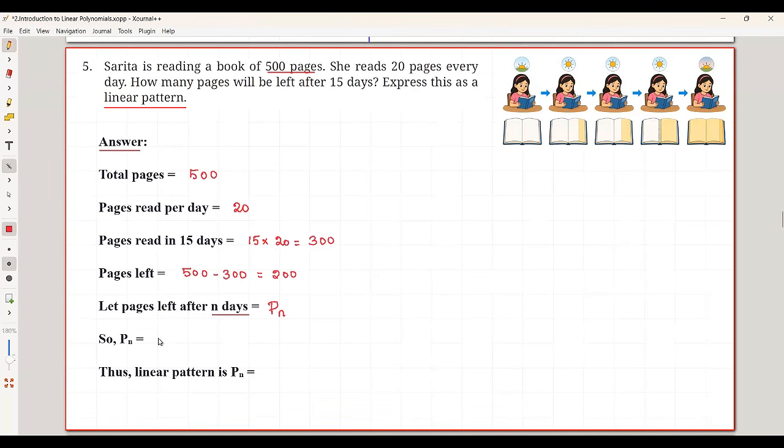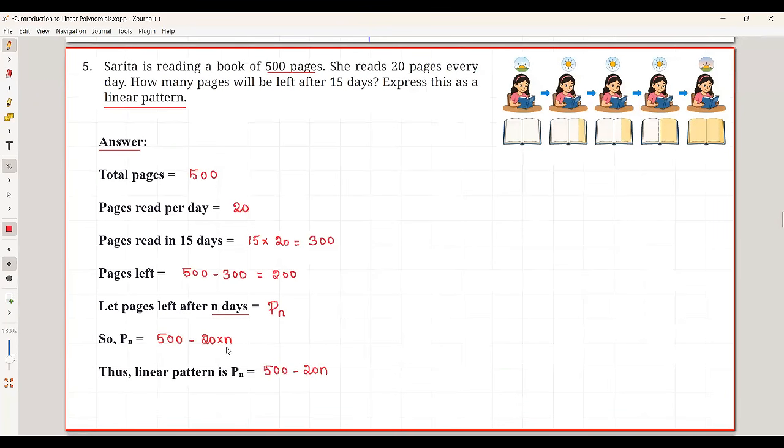500, the total number of pages, is fixed. Minus the reading of 20 pages every day, 20 is also fixed. What is not fixed? Days are not fixed, so we take it as n. So the linear pattern is Pn equal to 500 minus 20n.